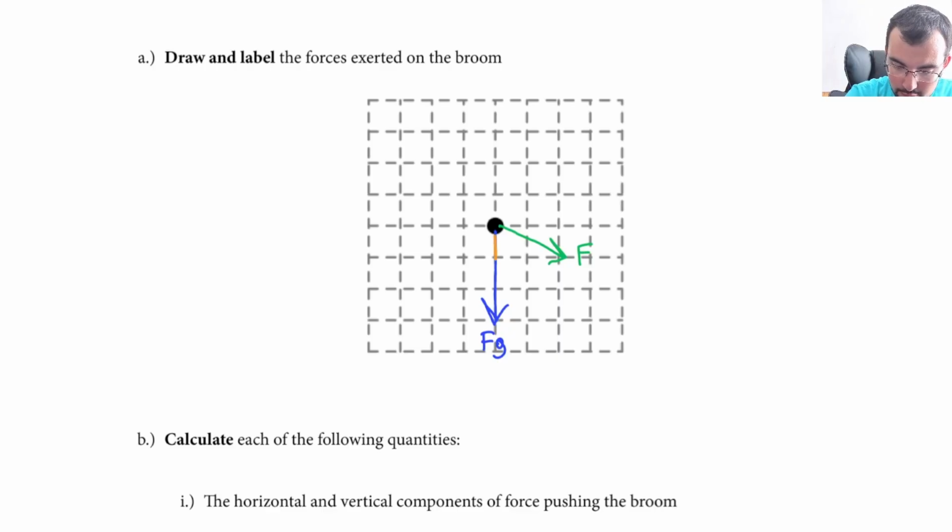So vertically, I have 1, 2, 3 units down and a 4th unit down. So I have 4 units down. So I need an extra large normal force up. And it's still not balanced because I have 1, 2 units to the right. So I need a frictional force to the left to balance. And what is it? Well, it's a moving broom, so it's kinetic.